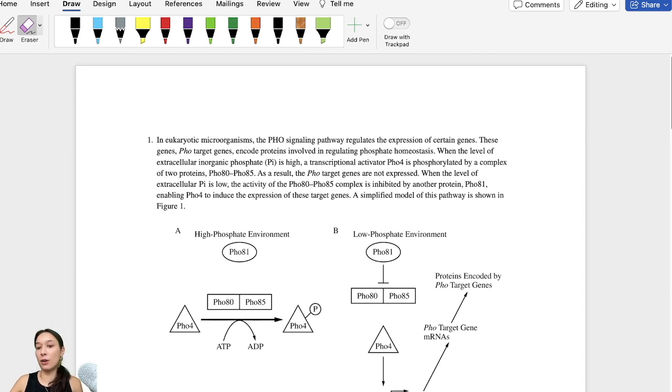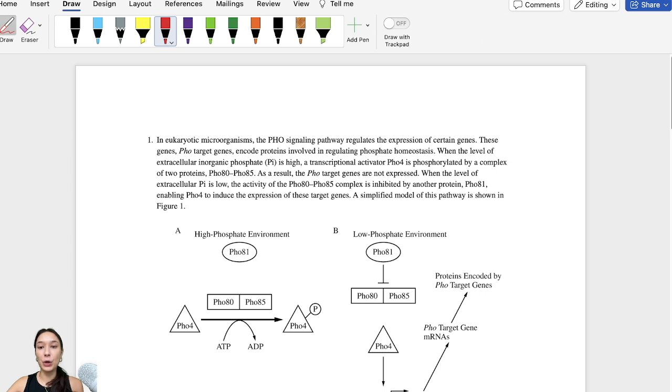Okay, so let's start off by just going through and reading it. It says, in eukaryotic microorganisms, the PHO signaling pathway regulates the expression of certain genes. These genes, I'm going to call them FO target genes, encode proteins involved in regulating phosphate homeostasis. When the level of extracellular inorganic phosphate is high, a transcriptional activator known as FO4 is phosphorylated by a complex of 2 proteins, FO80 and FO85.